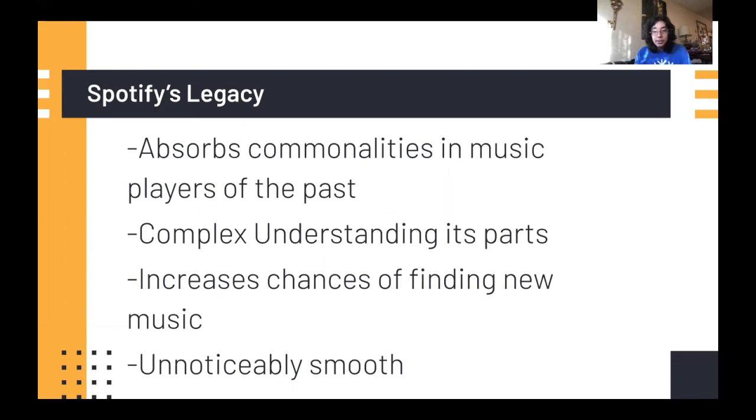All of that really increases the chances of finding new music, which is kind of the whole point of having such a large array of music. It really encourages you to look more into what you would like and what you like already.